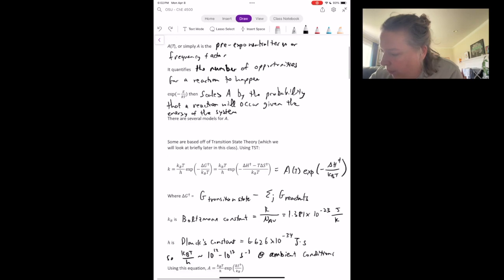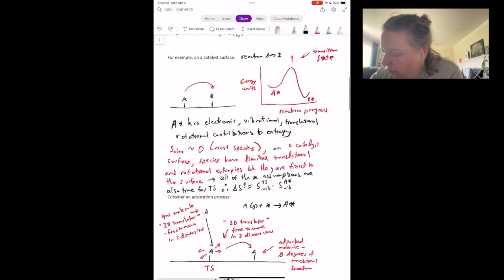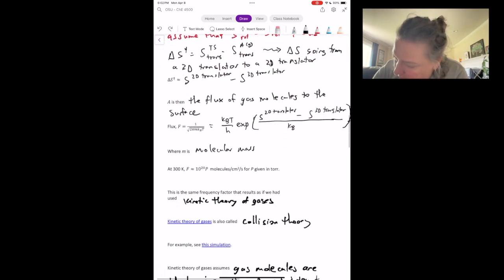You notice that when we looked at the flux equation here, there's no pressure in the numerator. However, if this is a rate, or part of a rate constant, the pressure term is going to come in and be part of the reaction rate.